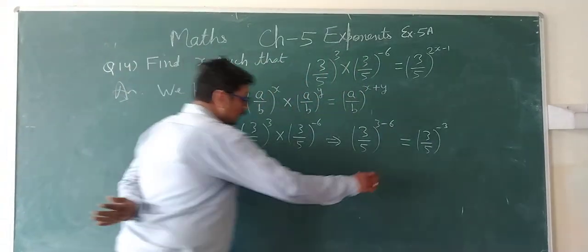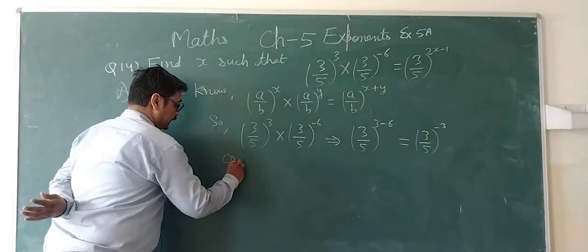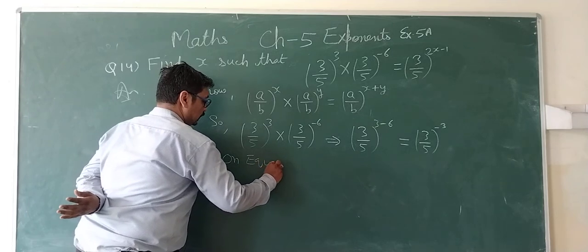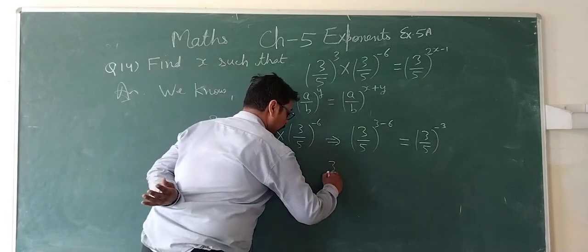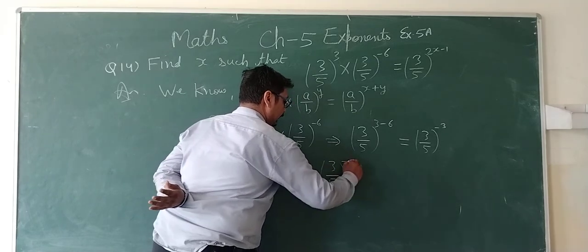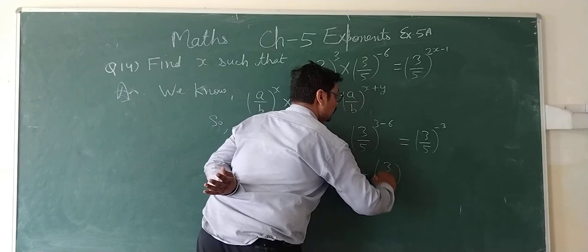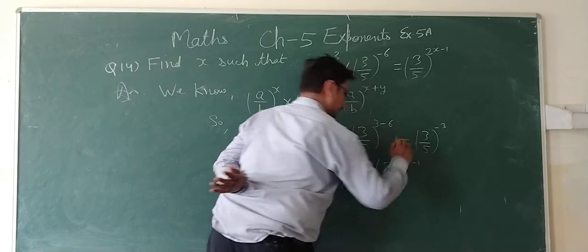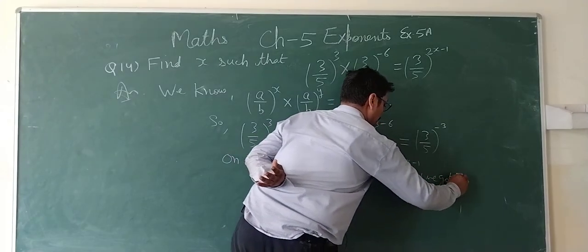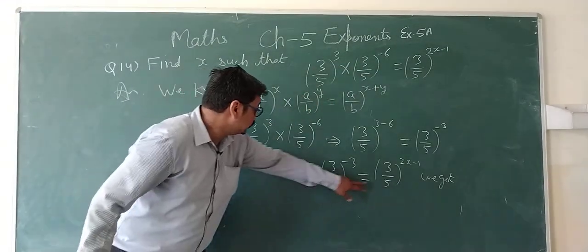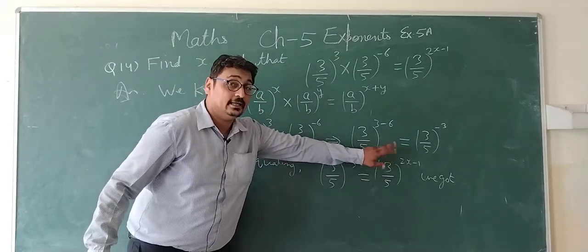Now this value is equal to this. On equating, (3/5)^(−3) is equal to (3/5)^(2x−1). These two values are the same, so their powers are equal.